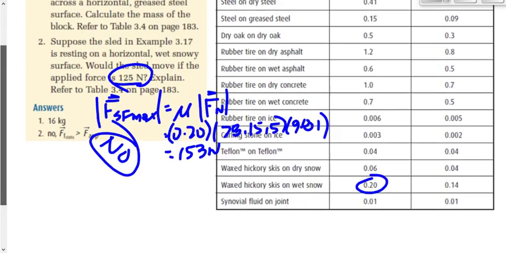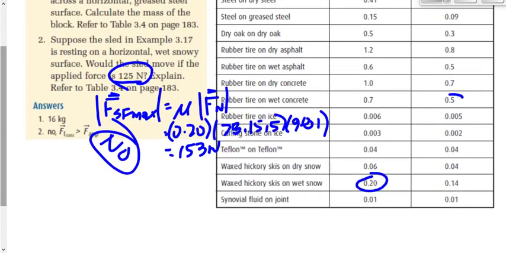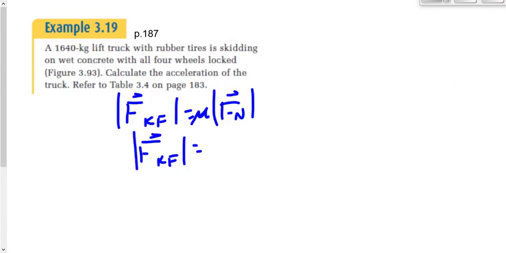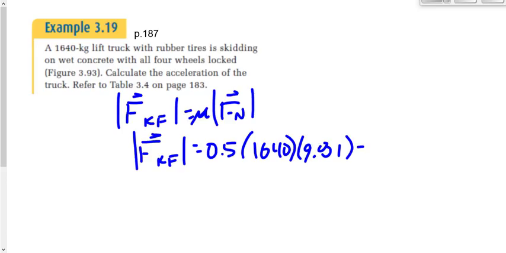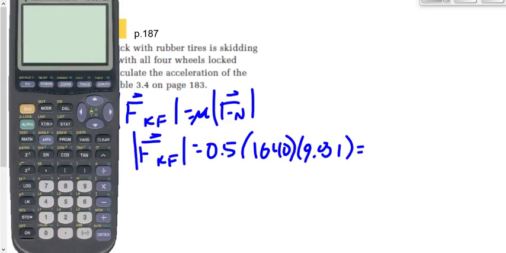Kinetic friction, 0.5, times m times g: 1640 times 9.81. Here's my force of kinetic friction: 8,044.2.